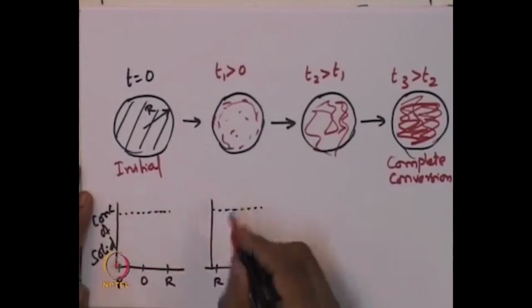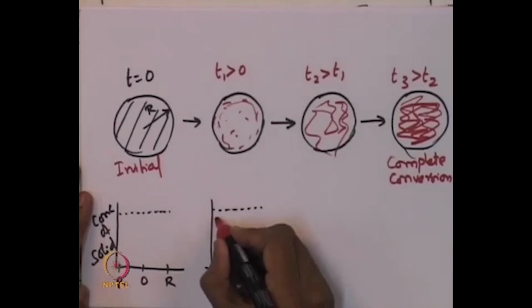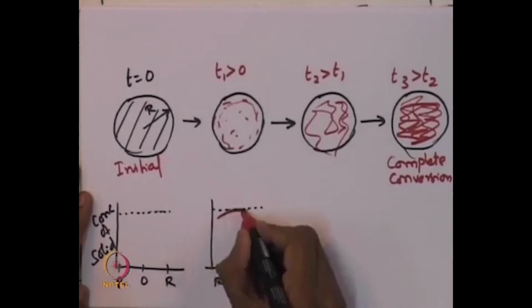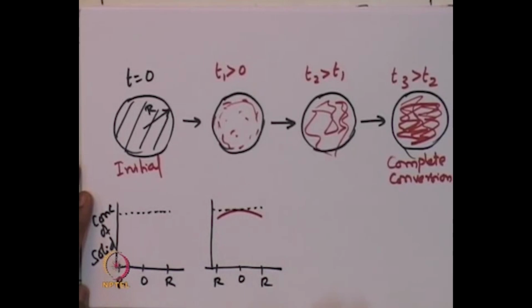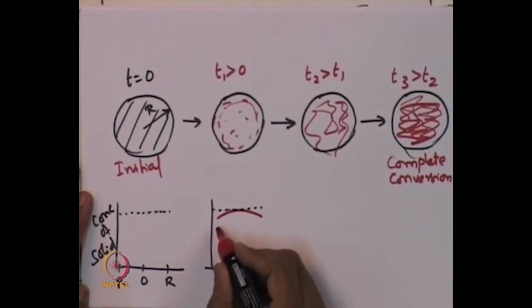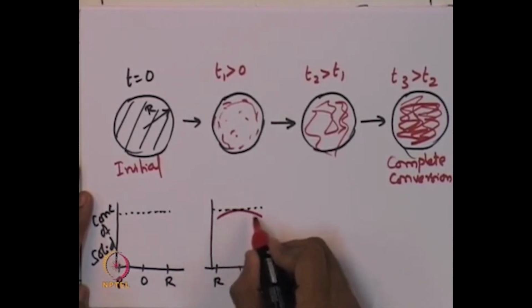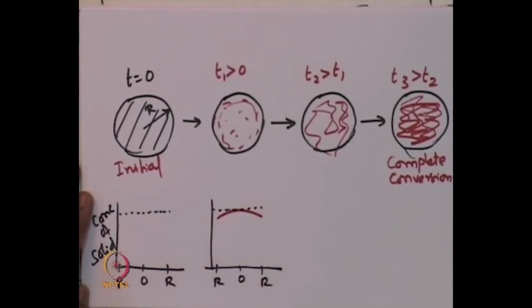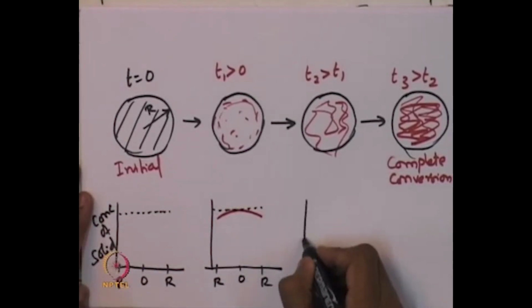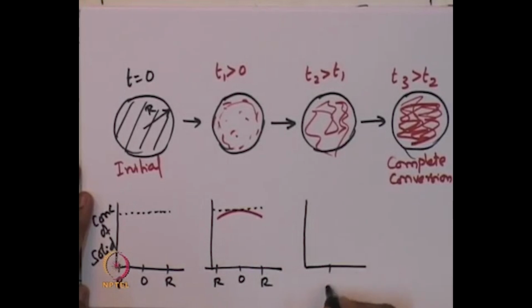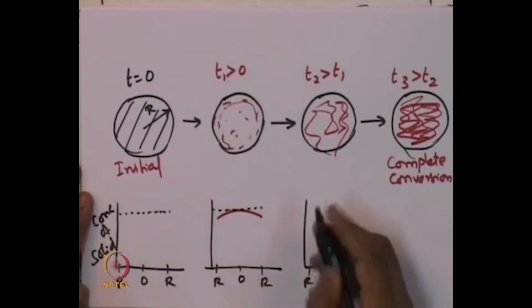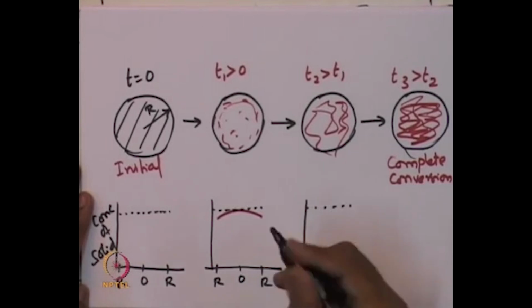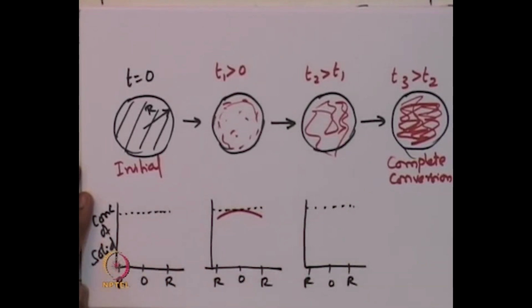The concentration of the solids will decrease at every location inside the solid core, and so let us say that at time t1, which is greater than 0, this is the kind of profile. Now, at a later time, because the reaction is occurring everywhere inside the solid, the concentration of the solid would decrease at every location inside the solid core.